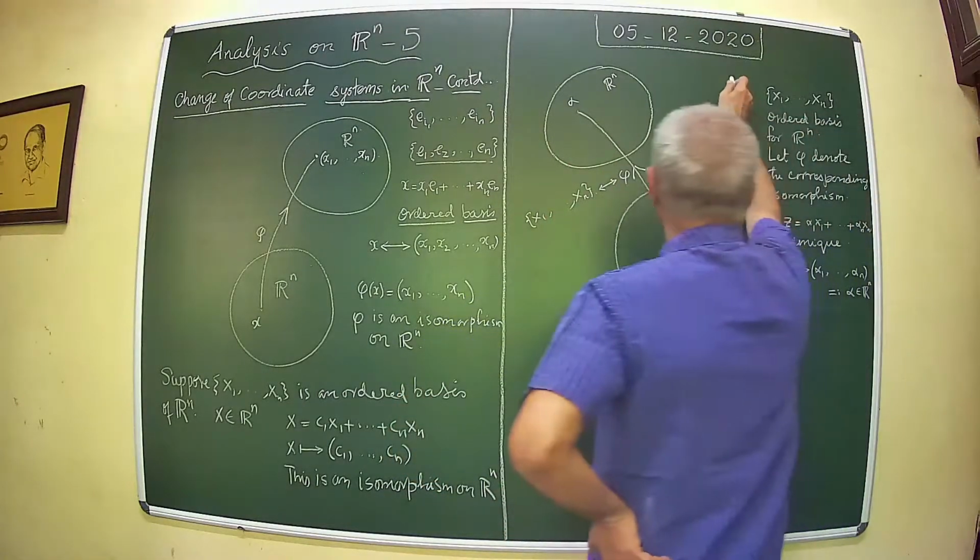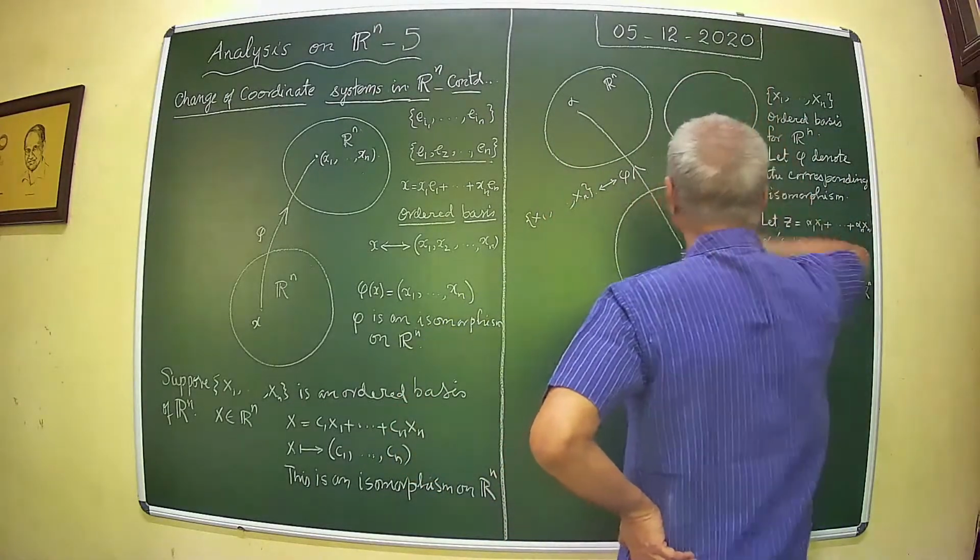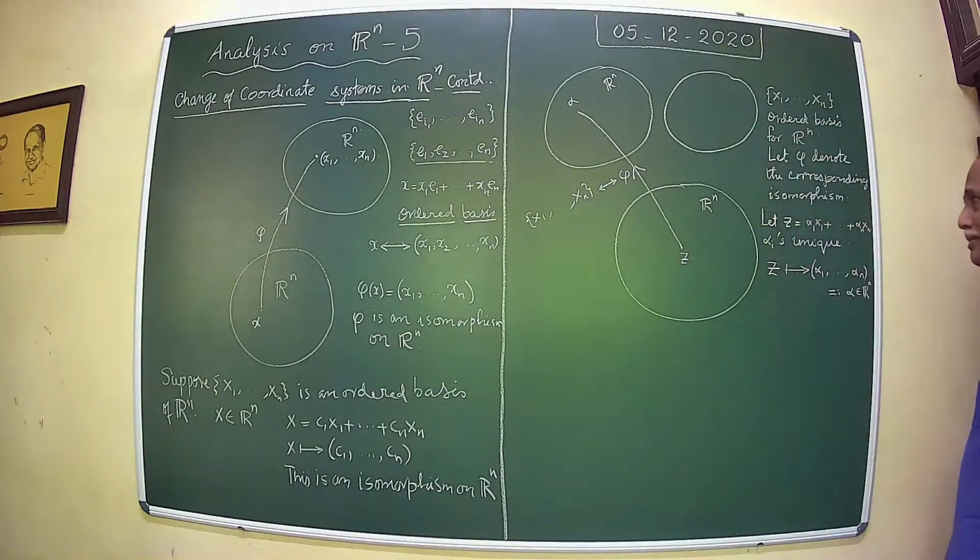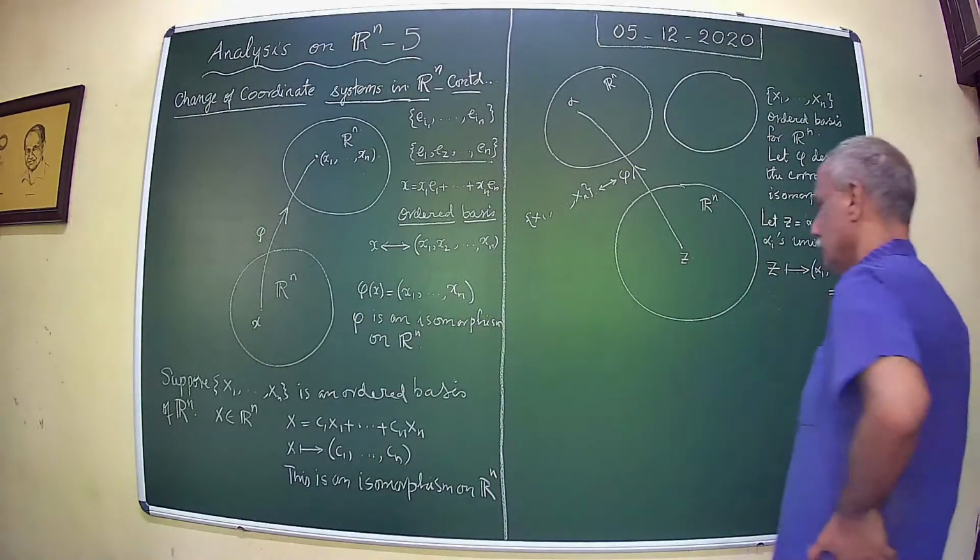Now let me make another copy of R^n by choosing another ordered basis y1, y2, etc., yn.